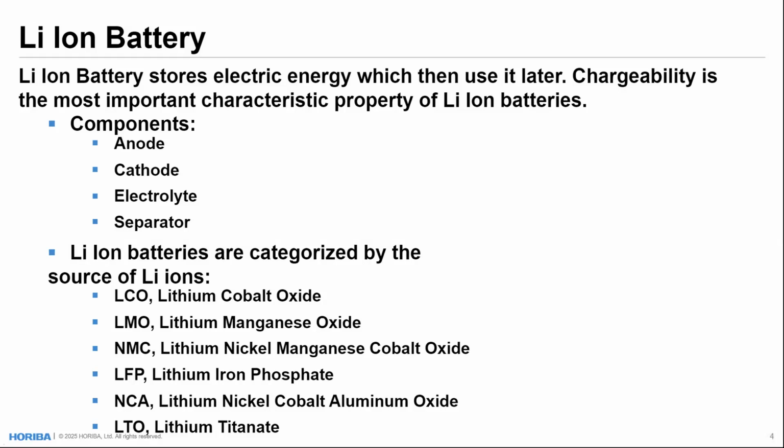Each lithium-ion battery is made of an anode, which is mainly lithium metal; a cathode, which is an oxide form of lithium; an electrolyte, which transfers ions; and the separator, which keeps the two sides of the battery electrically separated. Depending on the type of lithium oxide, the lithium-ion batteries are categorized, and you can see some examples in this slide.